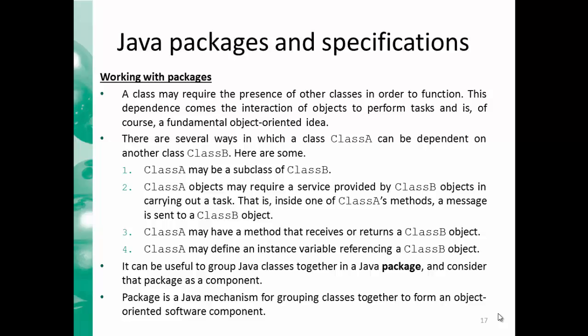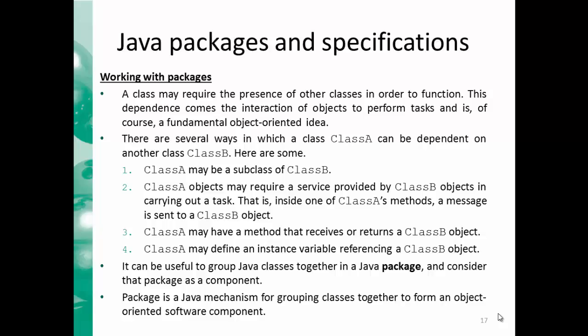Or class A objects may need help from class B objects. So inside the class A methods, a message may be sent to class B objects for some service. The third case is that class A may have a method that receives or returns a class B object.